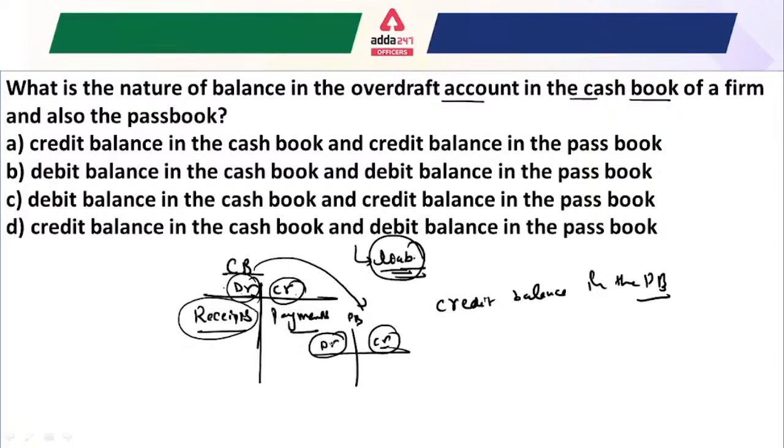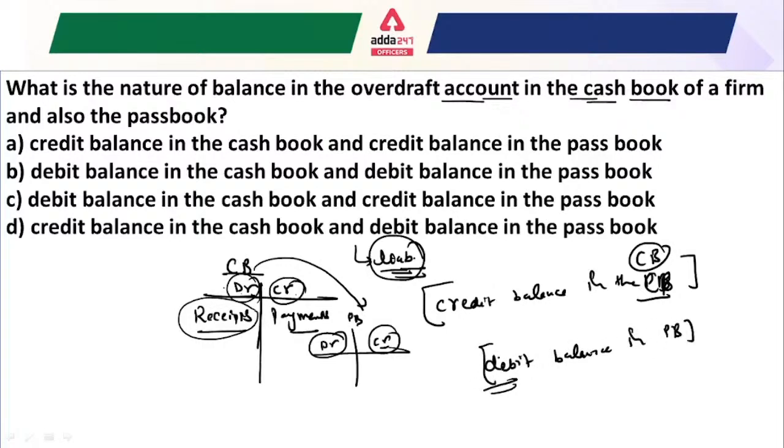So an overdraft account in the cash book of a firm signifies a credit balance in the cash book, while it represents a debit balance in the passbook.